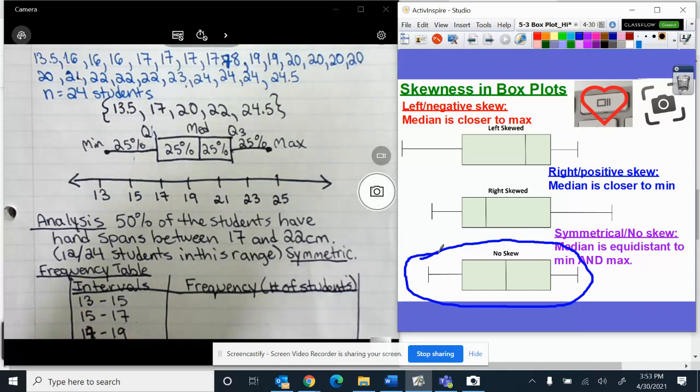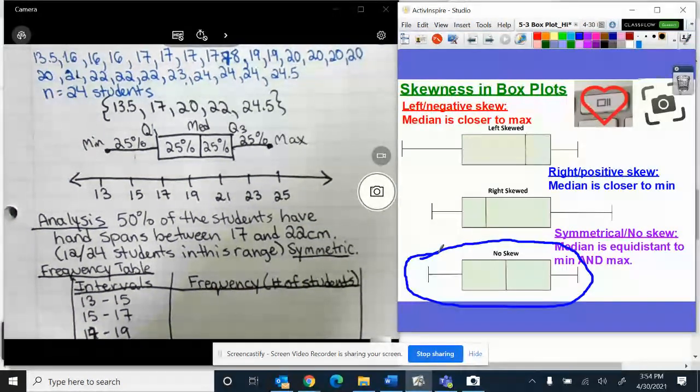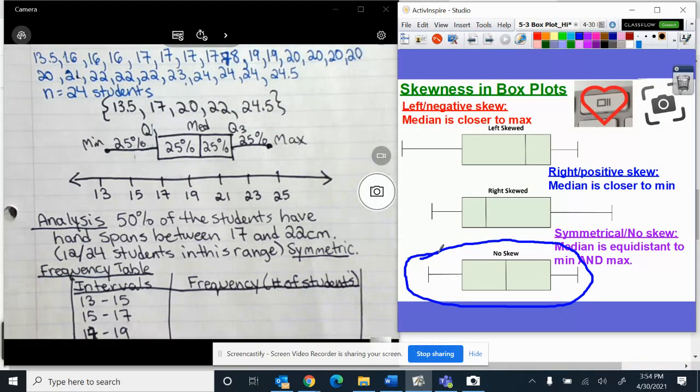And then 19 to 21. 21 to 23, and then the last one, 23 to 25. Those are all centimeters.